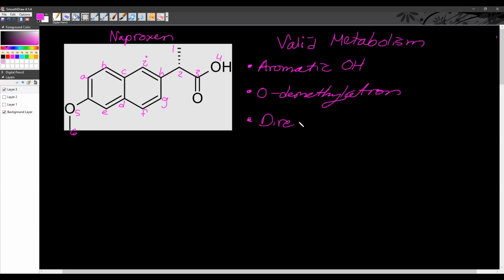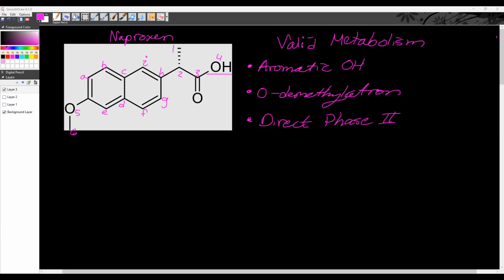Don't forget, if you already have an OH, NH, or SH bond, you can do direct phase 2 metabolism, right? If you already have an OH, SH, or NH, you can go right to phase 2. You don't have to go through phase 1. So don't forget that one of the valid pathways of any drug is always directly skipping phase 1.